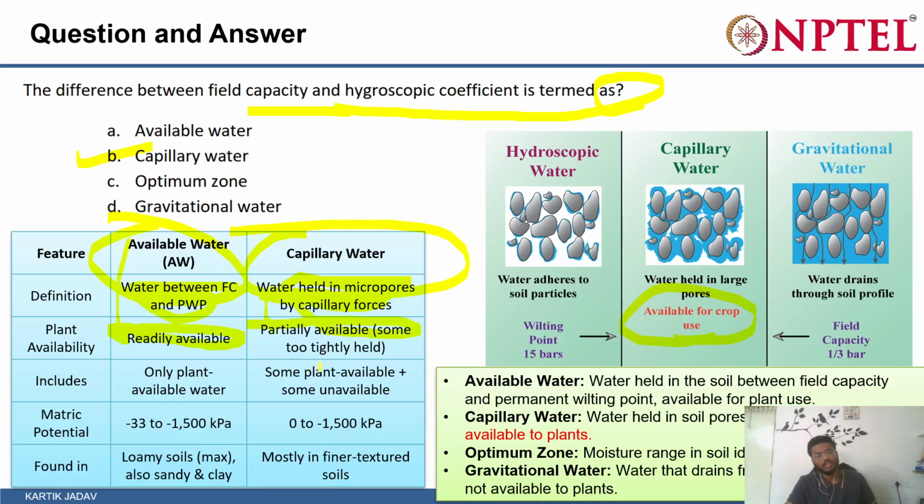So in this case, some capillary water is plant available, but some is unavailable to plants. And generally, available water is maximum in loamy soils, while capillary water is found mostly in finer textured soil like clay. Okay. So correct answer here is option B.